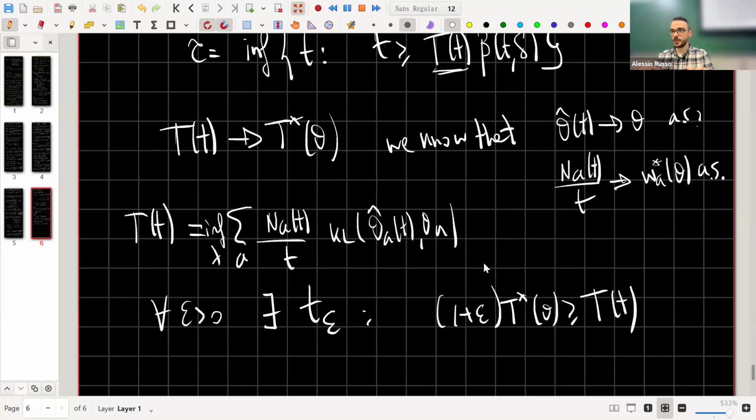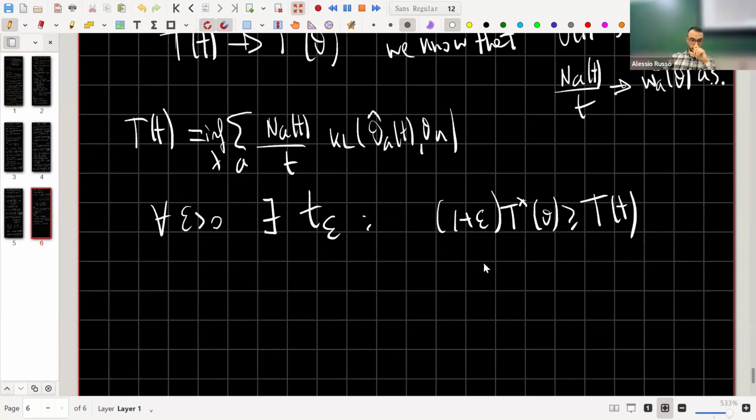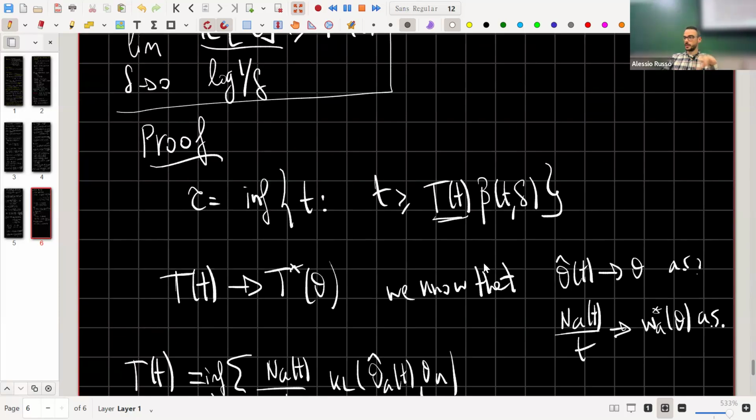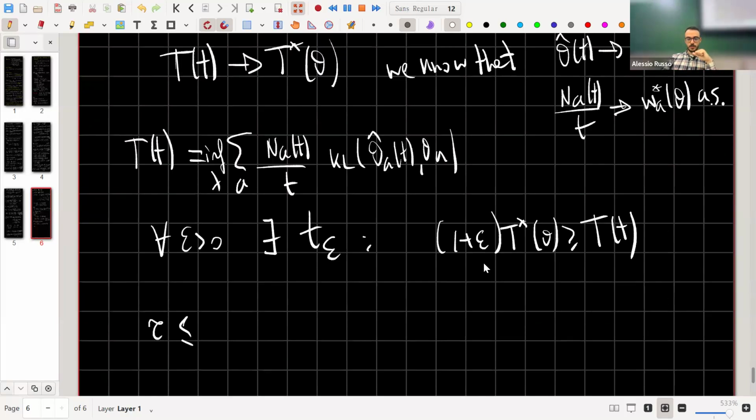So we are sufficiently close, we are epsilon close, okay? The idea is that we want to study this inequality in terms of T*. So we fix some epsilon bigger than 0, and by continuity, we know that there exists this time t_epsilon.